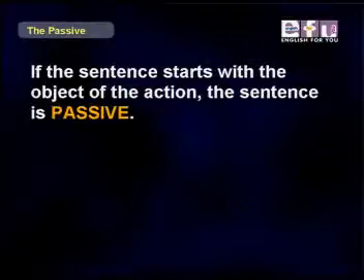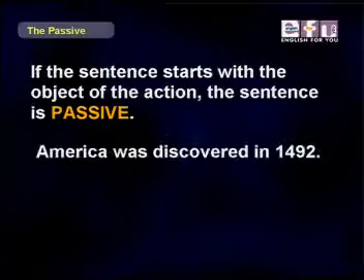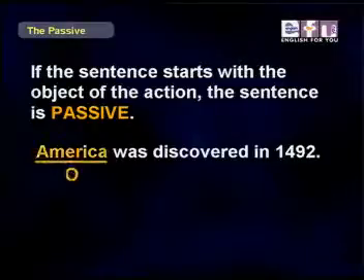Now, if the sentence starts with the object of the action, the sentence is passive. Example, America was discovered in 1492. In this one, America is the object, and we're starting with the object in this sentence. So that's why it's passive.